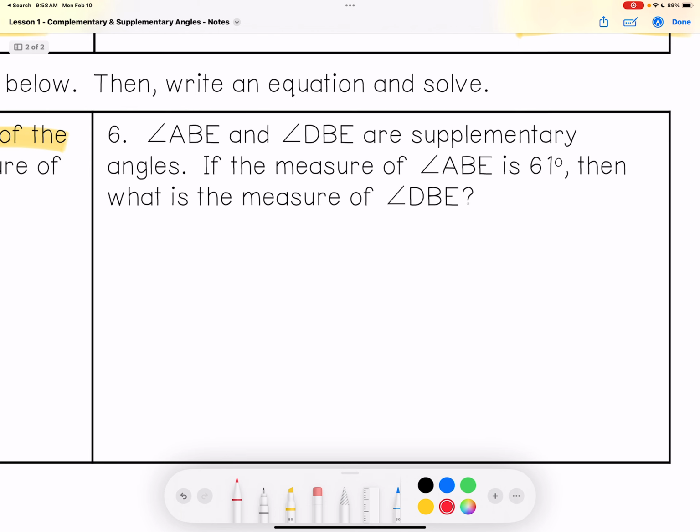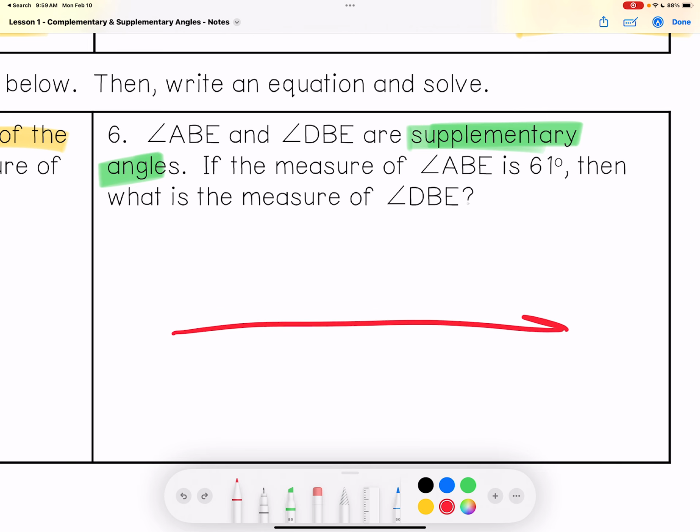All right, angle ABE and angle DBE are supplementary. C before S, so S is 180. So I know it's going to be equal to 180. So I know it's going to be a straight line. I can do my ruler here if I wanted to.